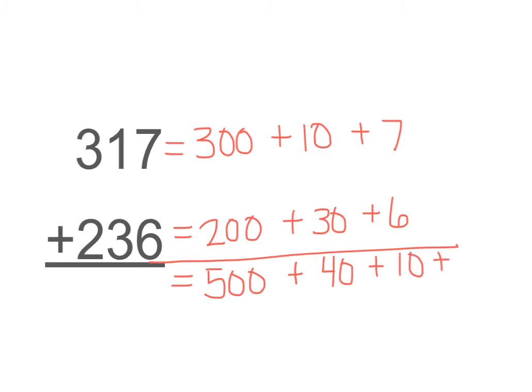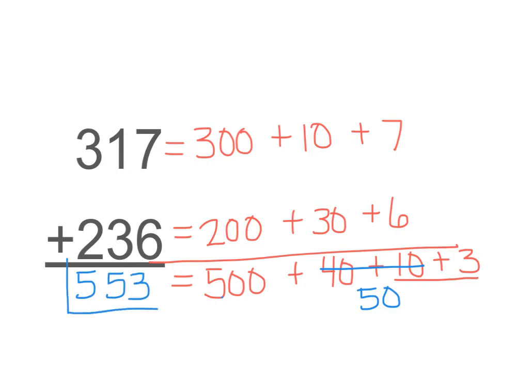So 6 plus 7 equals 13. And I write that as 10 plus 3 so that I can combine my like terms of 40 plus 10. 500 plus 50 plus 3.